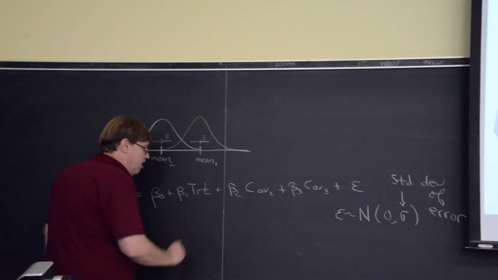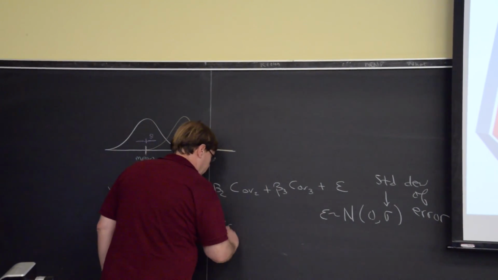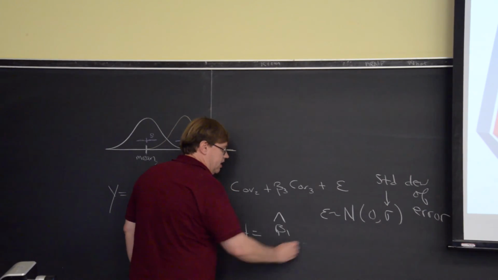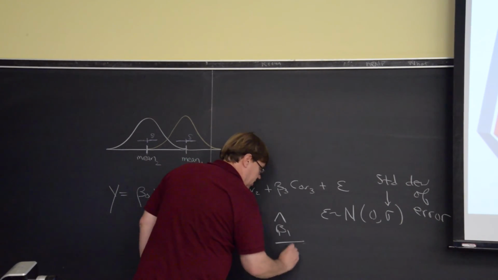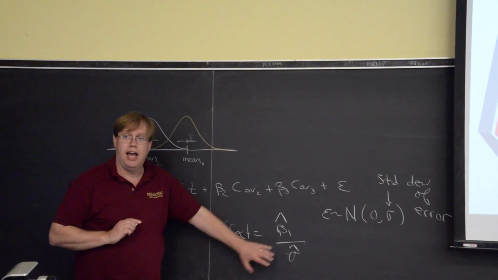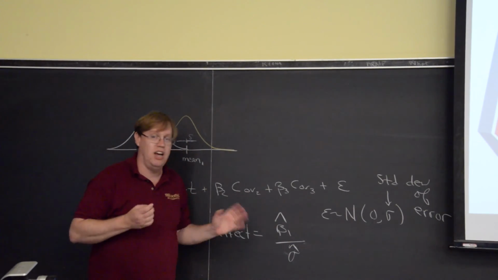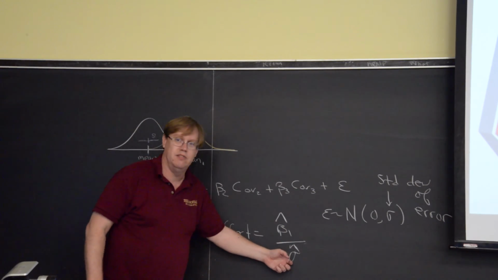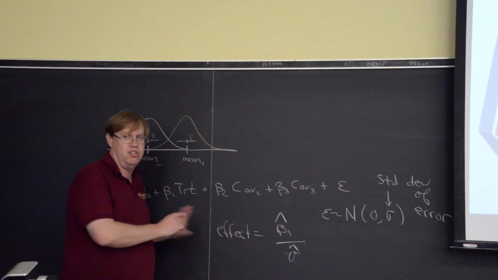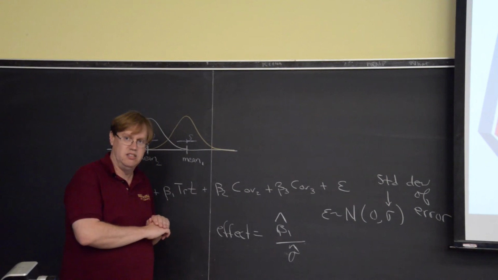And so our effect would be something like beta 1 estimated, that would be hat, divided by sigma estimated. And if you look at different places, there's lots of different ways to estimate what's the right version of sigma hat to put in here to measure the effect size.